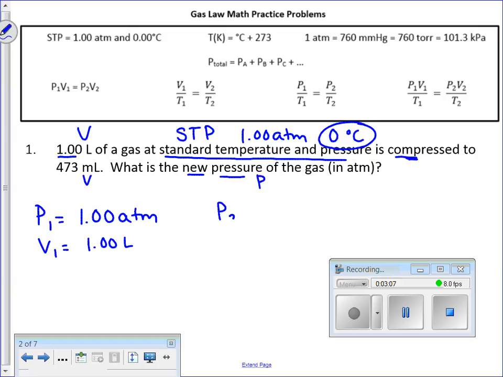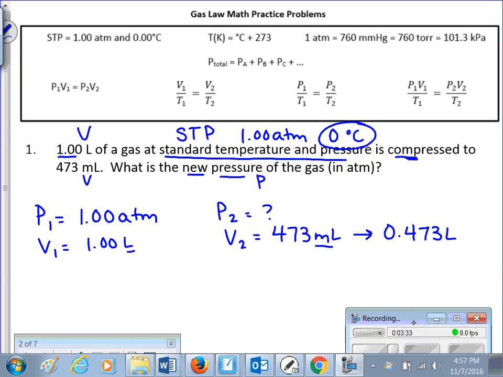I do not know my new pressure. That is what I'm looking for. So that's P2. And my new volume, my final volume, is 473 milliliters. However, I need my volume units to match so that I can cancel them out. So I'm going to convert these milliliters to liters. So that would be 0.473 liters.